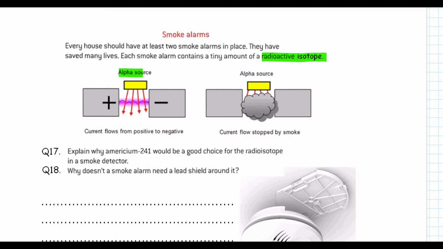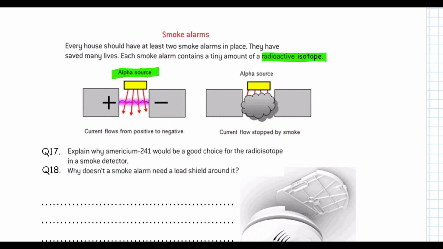Now you'll see here that the source is alpha, and the way it works is that there's a detector which is reading the amount of alpha being emitted. Remember, alpha is harmless outside the body, so don't worry if you're passing a smoke alarm, you aren't going to be affected by it.